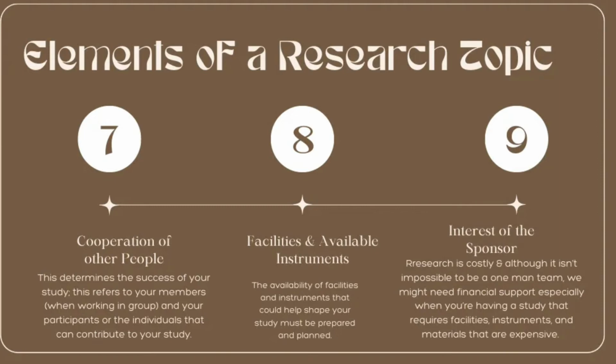Number 8, we have facilities and available instruments. So the availability of facilities and instruments that could help shape your study must be prepared and planned. So let's not forget, classmates, there are many examples of research instrument, but the most common ones are the interview, the survey, the observation, focus group.